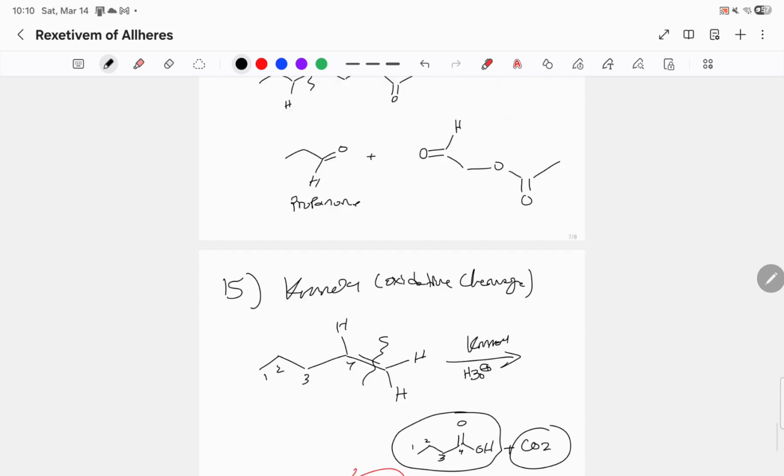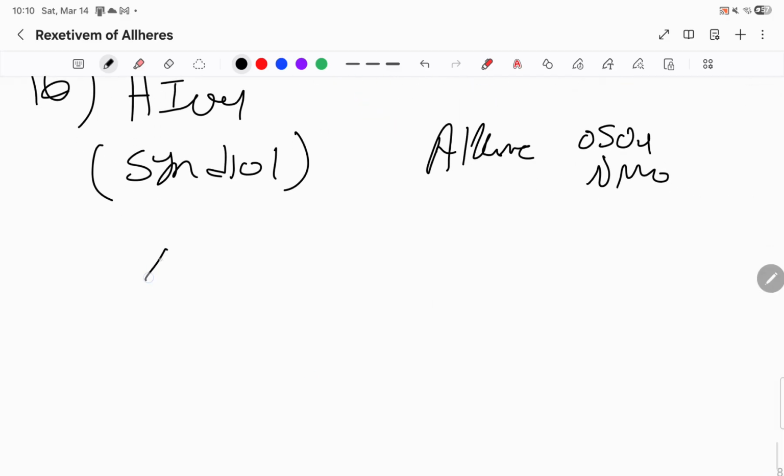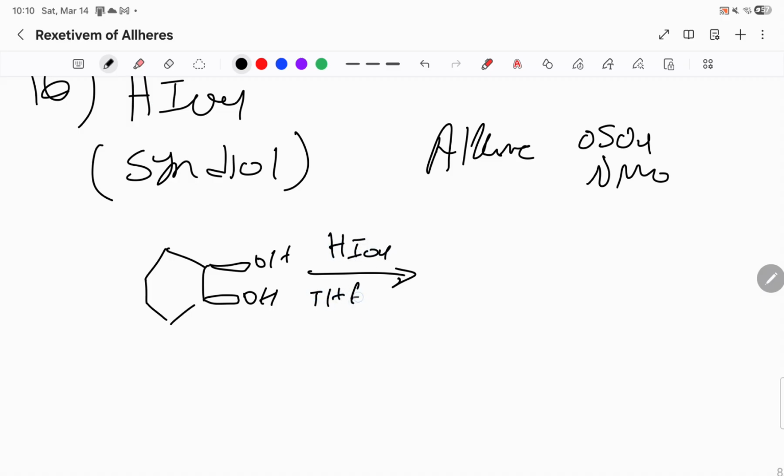So what do I do with the syn diol now? Well, here is my syn diol, OH, OH, and what periodic acid is going to do in aqueous THF is add across these alcohols and essentially cleave it down the middle.